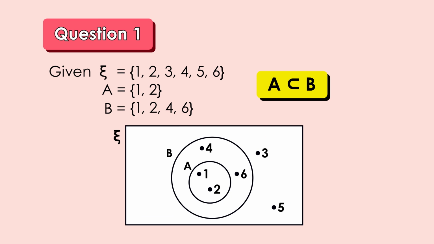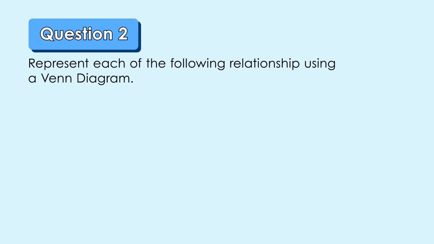So, now, boys and girls, let's look at another question. Represent each of the following relationships using a Venn diagram. Given that elements of universal sets are 1, 2, 3, 4, 5, 6, 7, 8, 9, and 10.